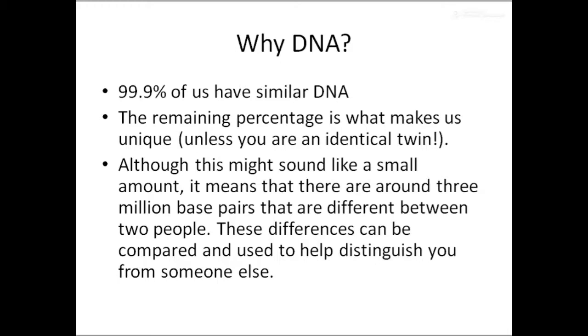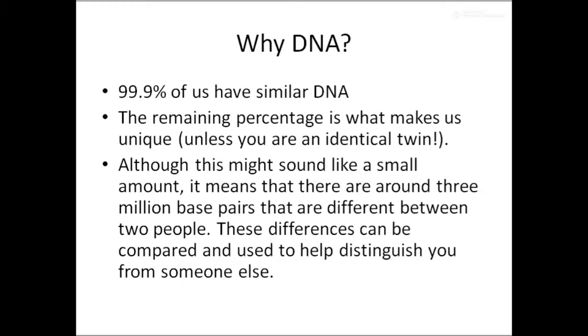If you consider the DNA of each and every human individual, you can see that 99% of the DNA is found to be similar, because most of the DNA codes for essential functions. It is only the remaining 0.1% that is found to be different, and unless you are an identical twin, this 0.1% is the difference that you have.